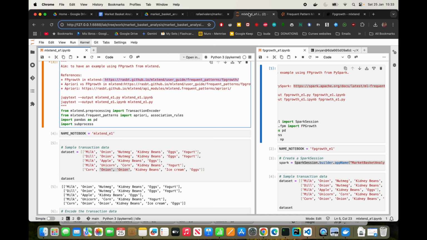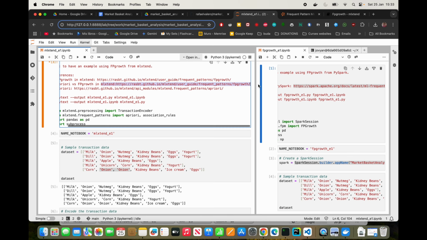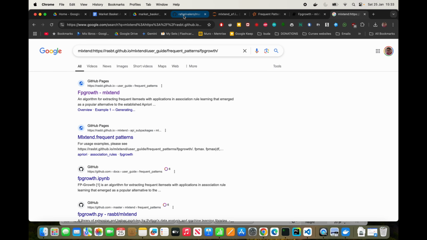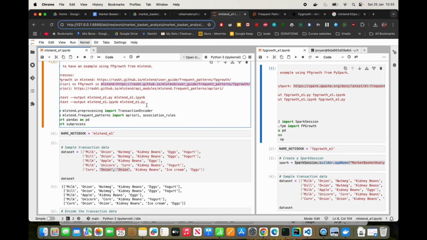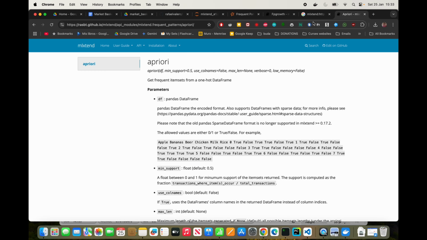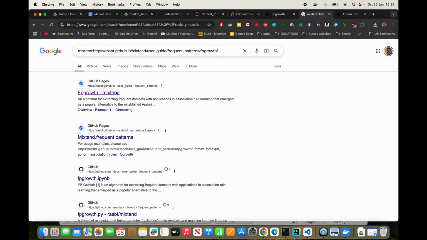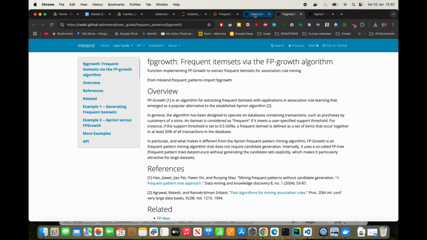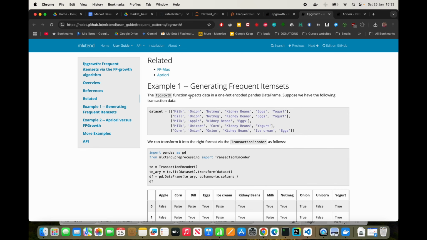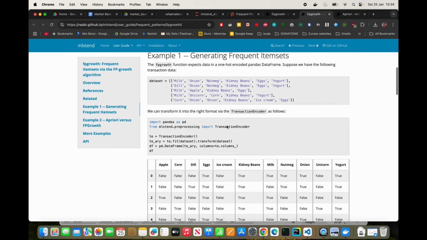Let me open that for you as well. Oh, sorry. So here you have FPGrowth, a little bit of an example.